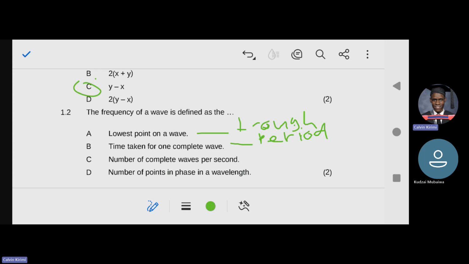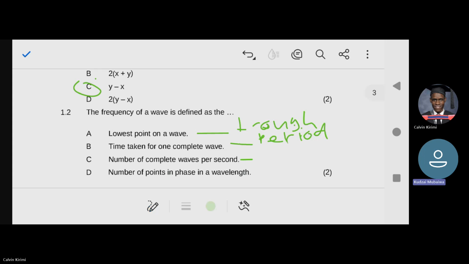What about the number of complete waves per second? We call this one the frequency. The number of points in one phase in a wave, what do you call it?